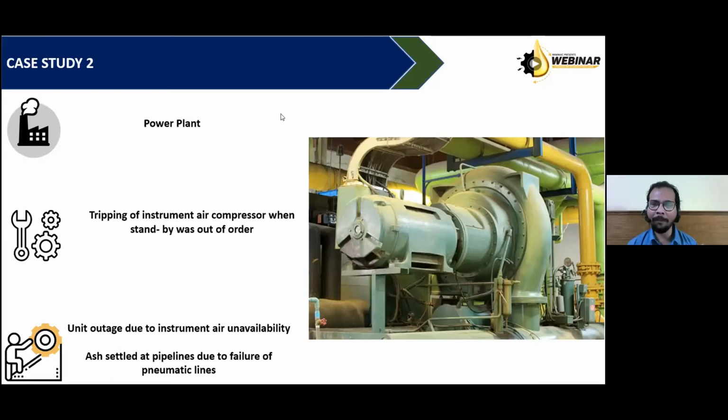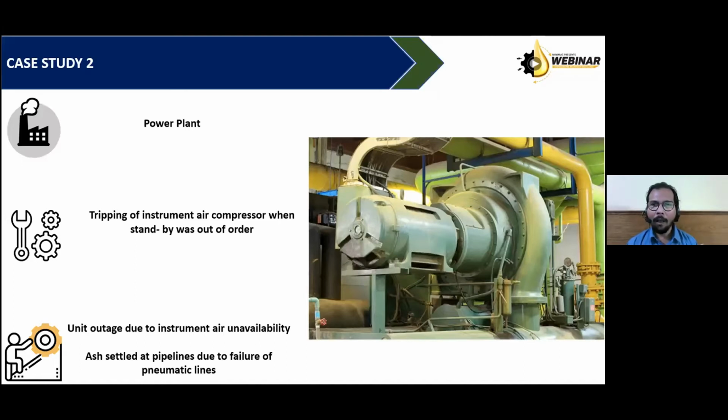It was under preventive maintenance because the compressors were demanding a lot of maintenance at that time. After analysis, we were able to stabilize the operation. It took some time, but fortunately we saved the unit because we diverted service air to the instrument air line.